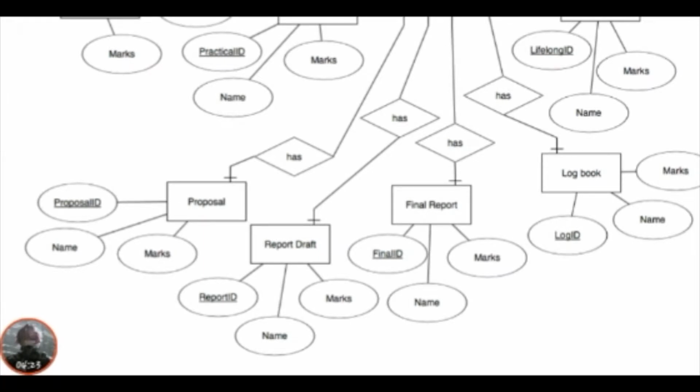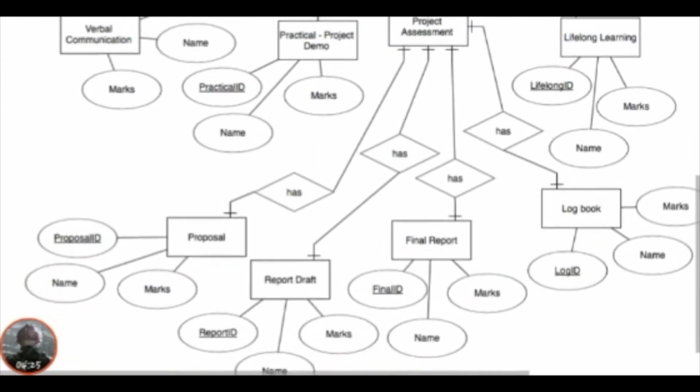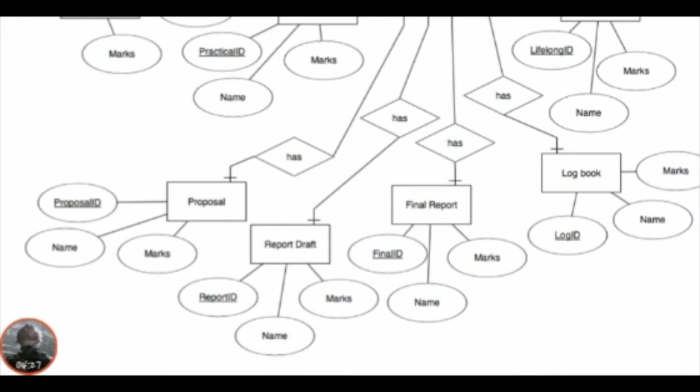After that, project assessment has a report draft. Report draft is the same as the final report, in that this entity has three attributes, and the report ID is the report draft primary key, while name and marks are not primary keys.